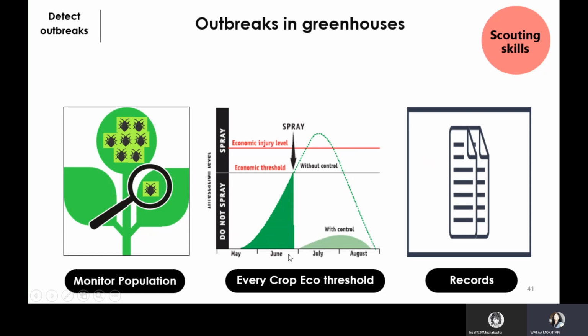If you have an economic threshold for every crop, it is easier when you count your population of pests. You will know when not to spray or not to use any IPM practices, but it is especially for treatment with chemicals. And you will know when to spray.